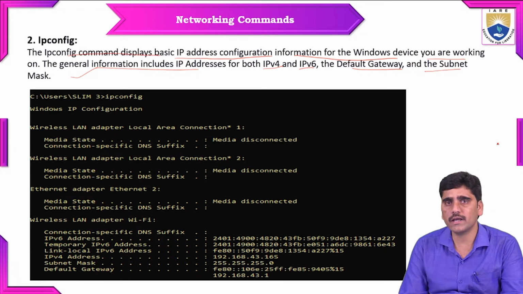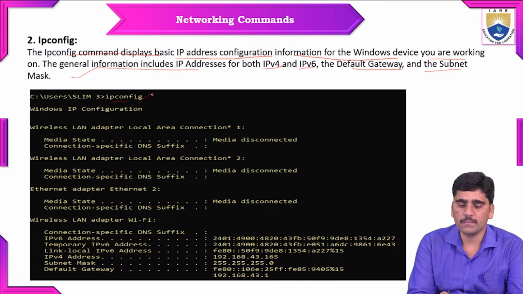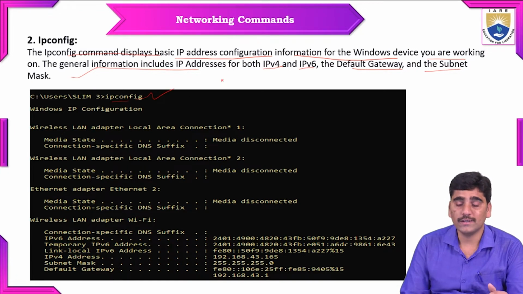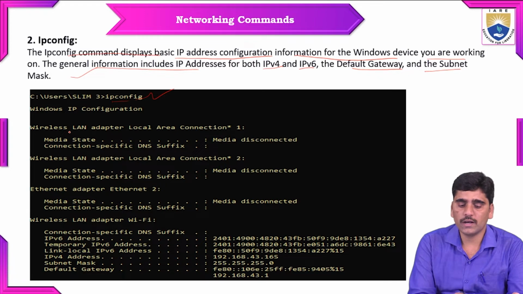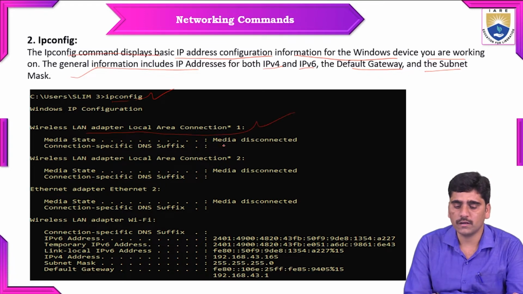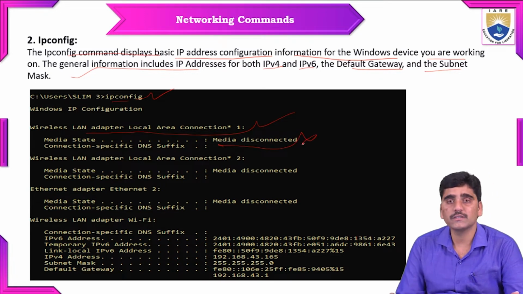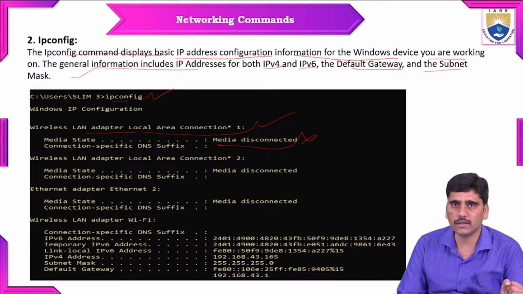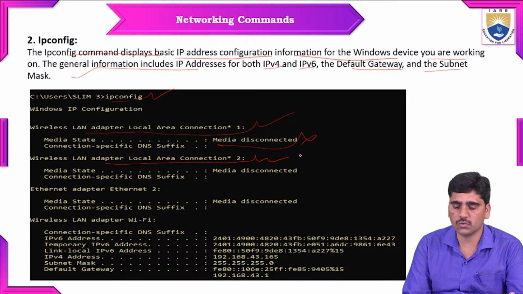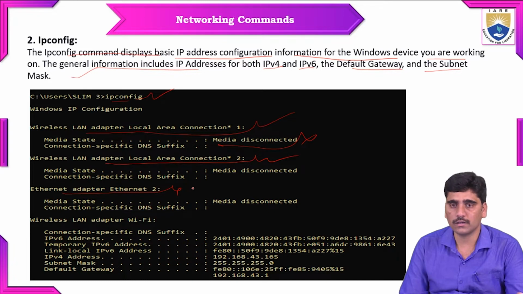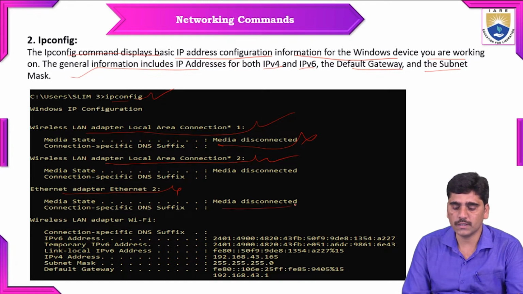From this diagram, you can type ipconfig so that it displays the Windows IP configuration. The wireless LAN adapter Local Area Connection shows media disconnected, which means it is not connected. Similarly, wireless LAN adapter Local Area Connection 2 and the Ethernet adapter are also not connected, and their media state is media disconnected.